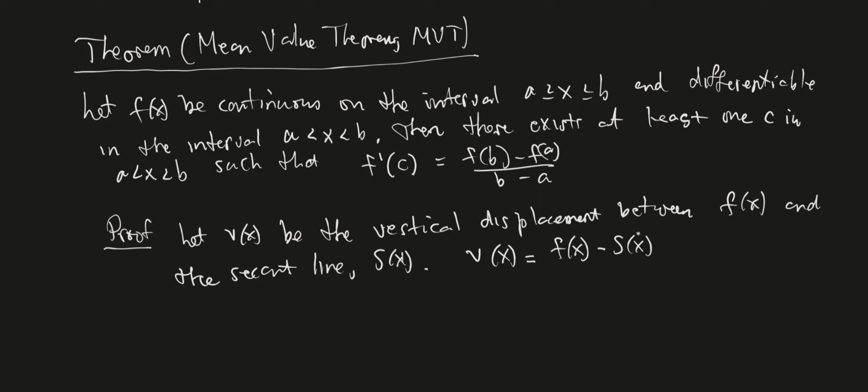And we know that polynomials are continuous and differentiable at all values of x. So this function v is going to be both continuous and differentiable on the closed interval and in the open interval.